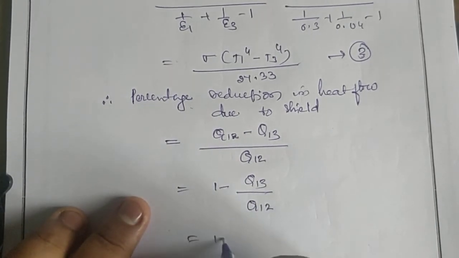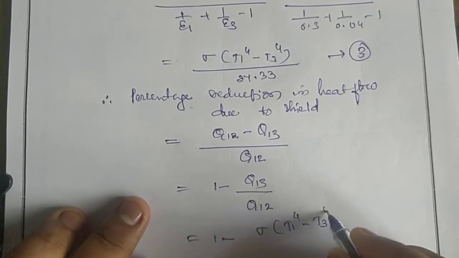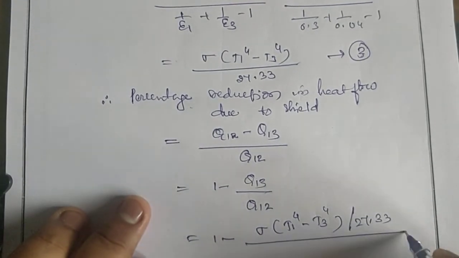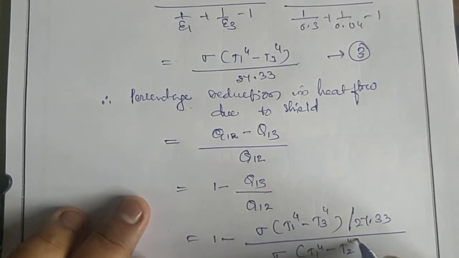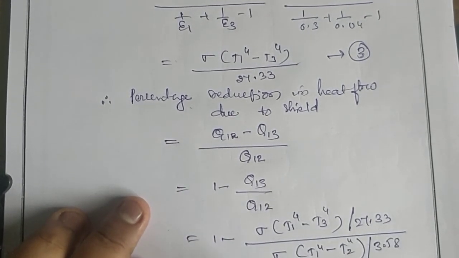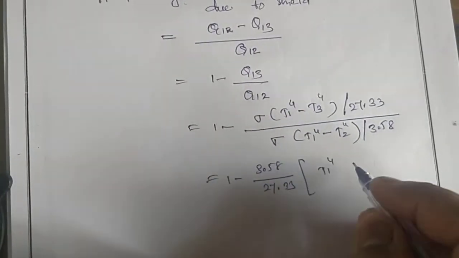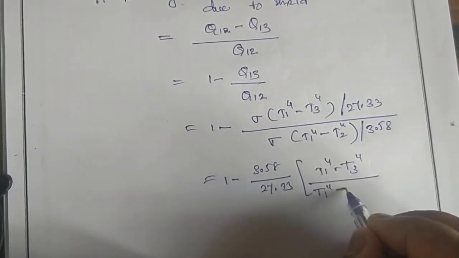Again, 1 minus sigma T1 to the power of 4 minus T3 to the power of 4 over 27.33, divided by sigma T1 to the power of 4 minus T2 to the power of 4 over 3.58, that is 1 minus 3.58 over 27.33 times T1 to the power of 4 minus T3 to the power of 4 divided by T1 to the power of 4 minus T2 to the power of 4.